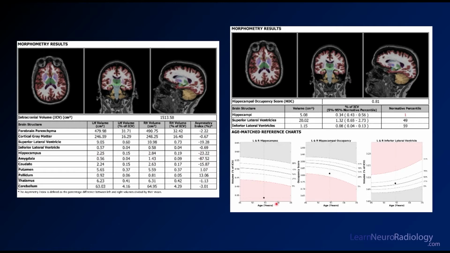And this shows the hippocampal volume against age-matched controls. So here it's plotted against his age. The normal range would be from here to here, and he's well below average there for the hippocampus. So the hippocampus is quite small. Here you see this person is in the first percentile for hippocampal volume, so very low hippocampal volume.